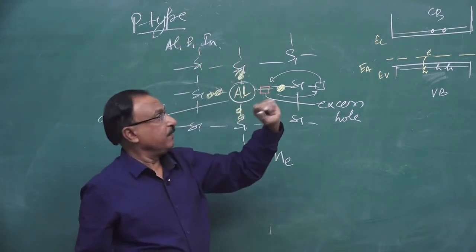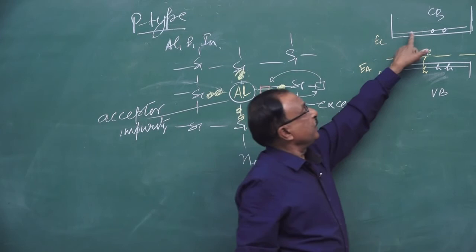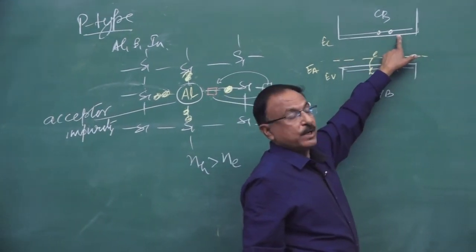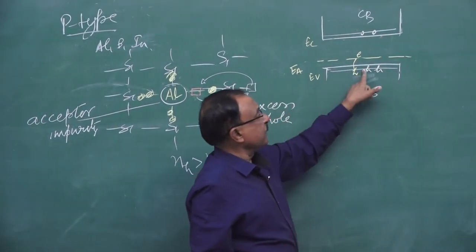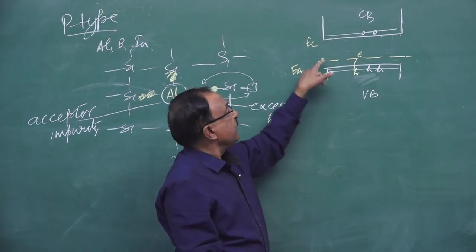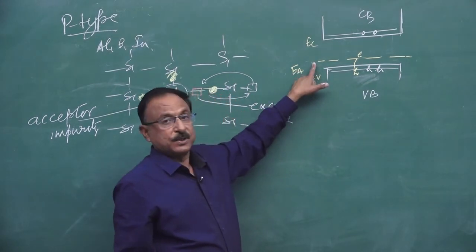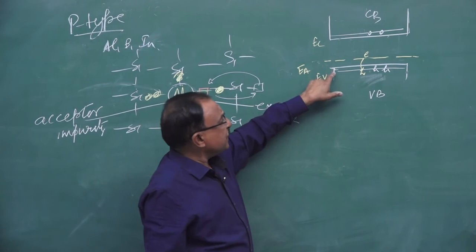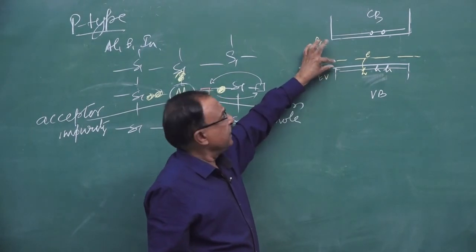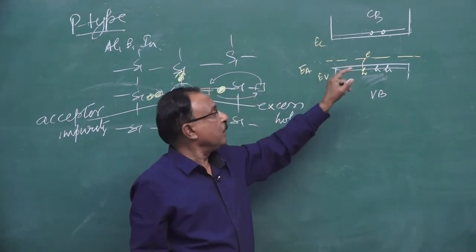In the energy level diagram, here we have the conduction band, where there are already 2 electrons. Here we have the valence band, where there are already 2 holes. But the energy level of the acceptor lies just above the valence band, a very, very small energy away.